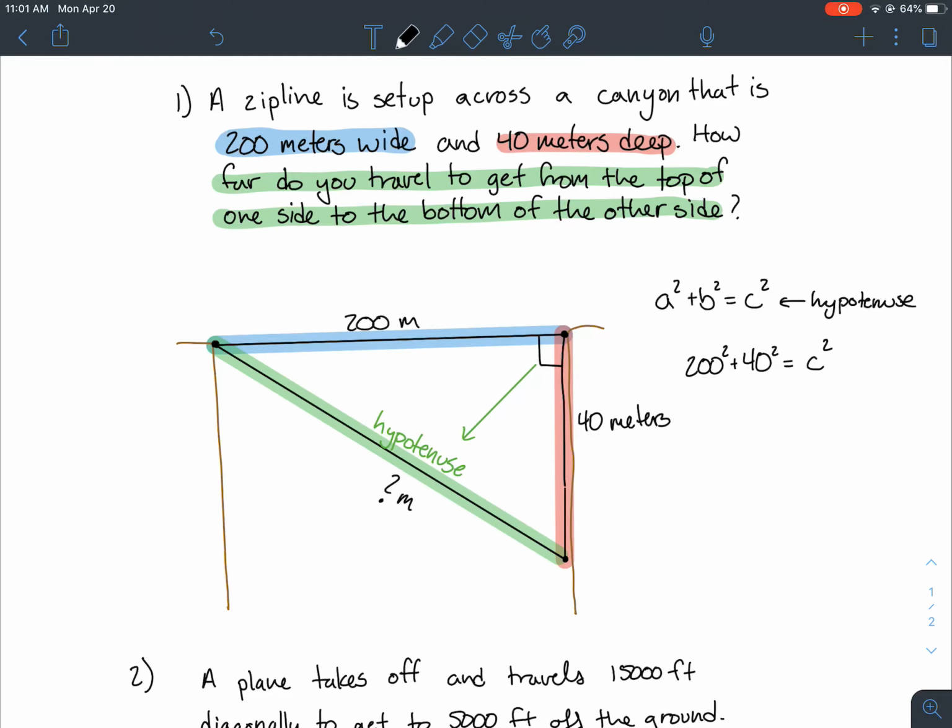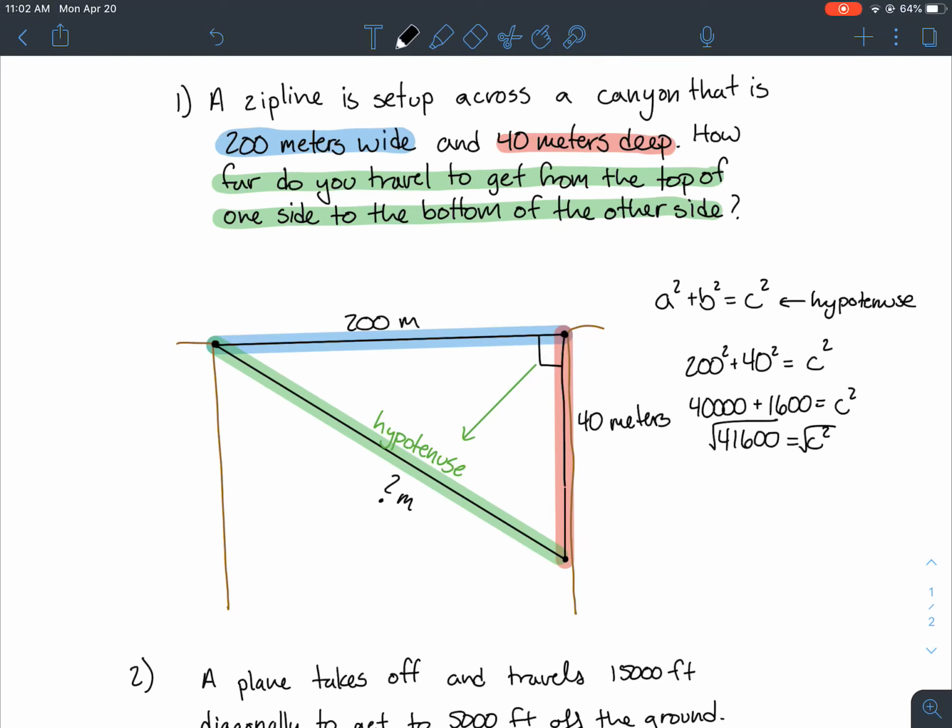So I get 40,000 for that one, plus 1,600 equals c squared. That gives me 41,600 equals c squared. Now I take the square root to get rid of that squared sign.